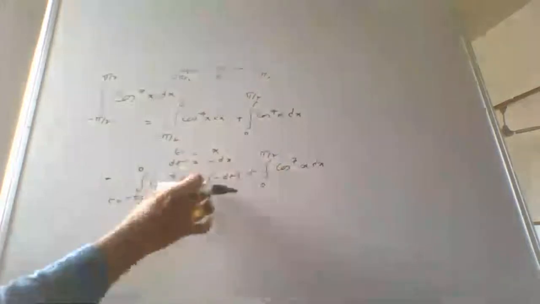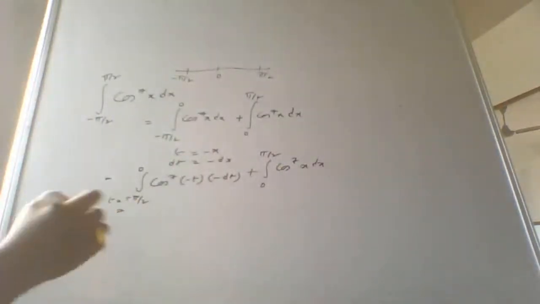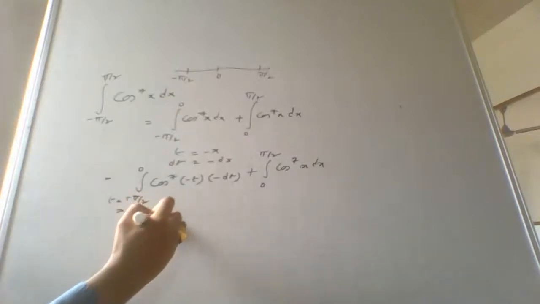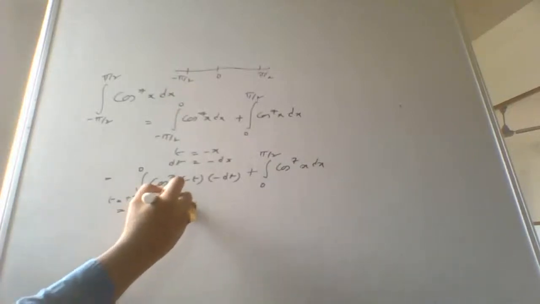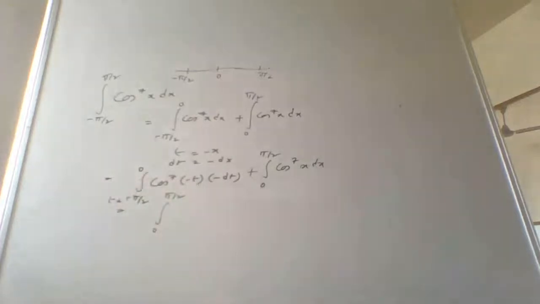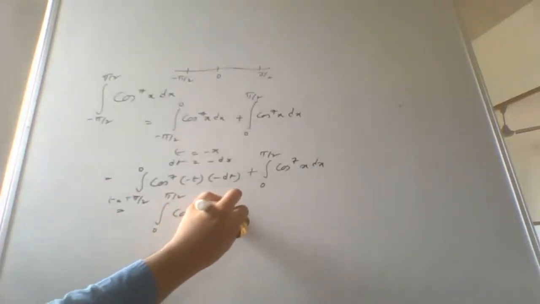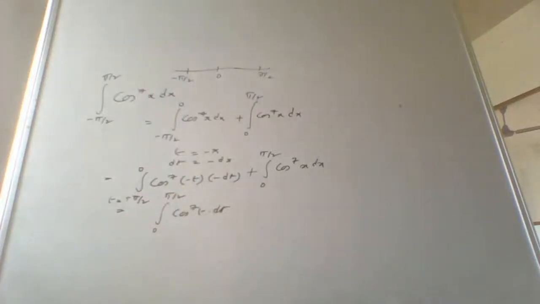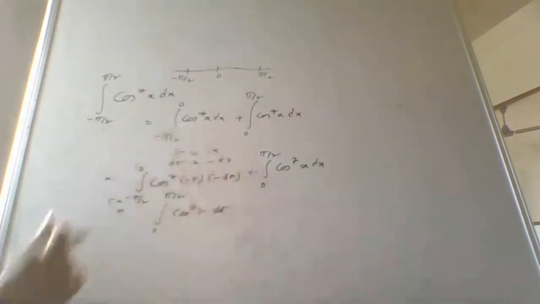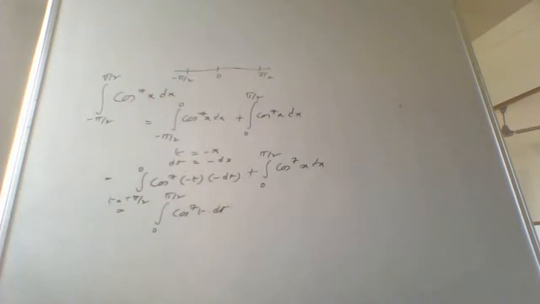If I change the limits to 0 to pi by 2, this will be cos power 7 t dt. Again I get back the same as that.